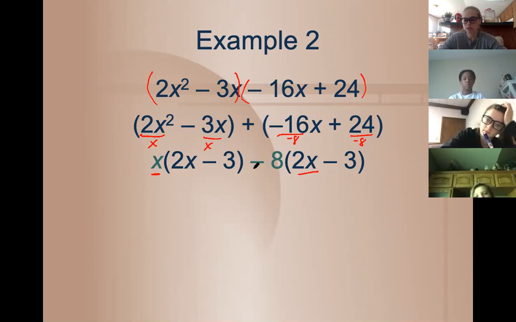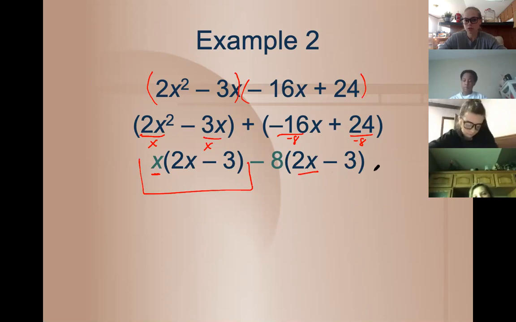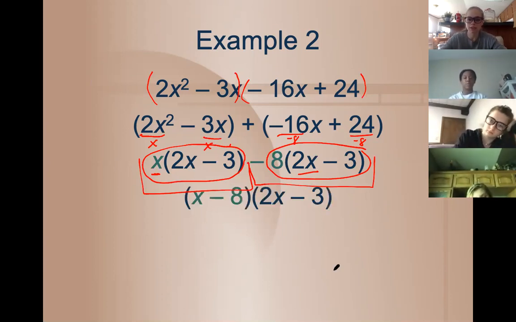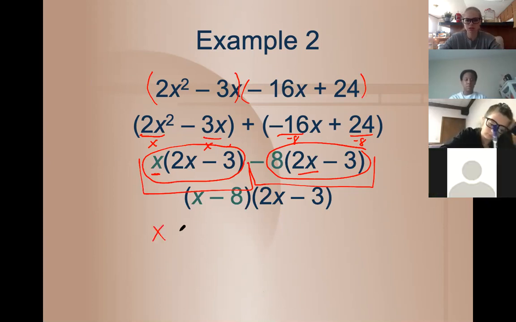And what did you pull out? What did you factor out? I factored out a negative 8. Notice now, what do you have in common? So this is one term right here, x times 2x minus 3 minus 8 times 2x minus 3. I have a common factor now of 2x minus 3, and I can now factor out 2x minus 3 from both terms. And then what am I left with? So what did I just do?